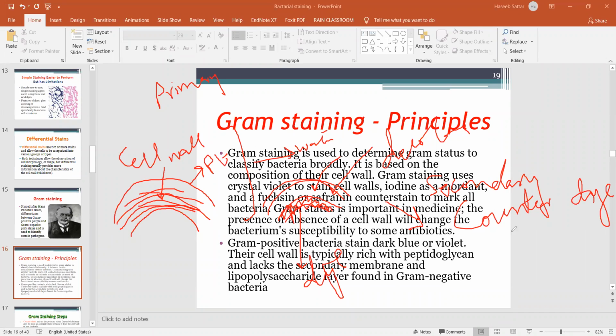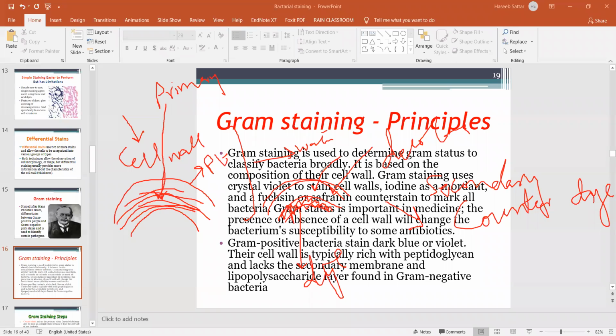When I add the counter dye to gram positive bacteria, it will not attach to the peptidoglycan, because the primary dye is already occupying the gram positive cell wall. So the counter dye will not be retained by gram positive bacteria.